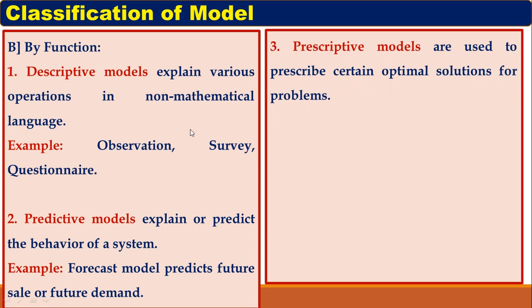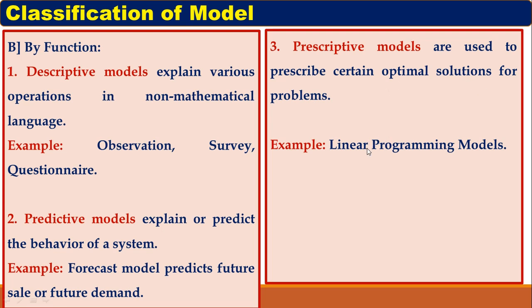Third type is prescriptive model. These prescriptive models are used to prescribe optimal solutions for problems. There are certain models in OR that can be used to prescribe solutions to other problems, but the problem must be of the same type. For example, linear programming models.